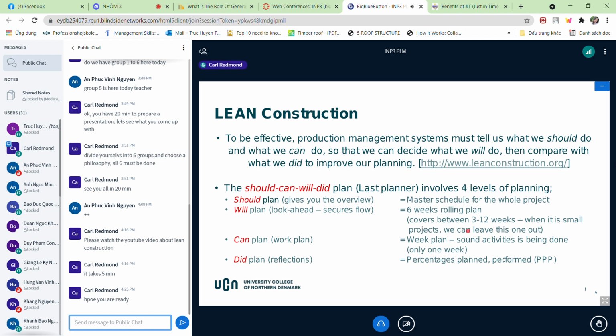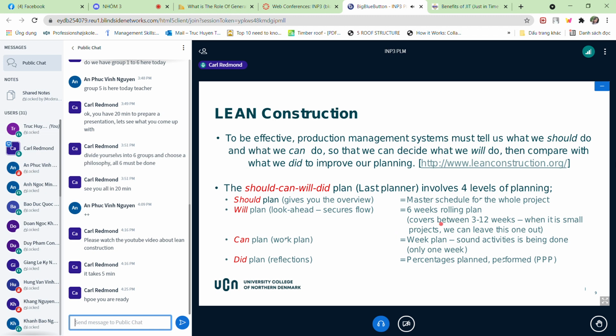When it's a small project, we can leave this level out. It's normally the larger projects that we use it on. And what we can plan is our work plan, and this is also really important here. We have a weekly plan about the activities. Sound activities are being done, only one plan per week. And this changes every week, of course.